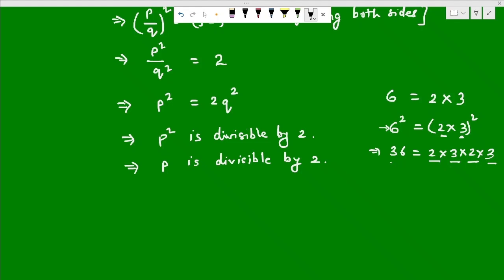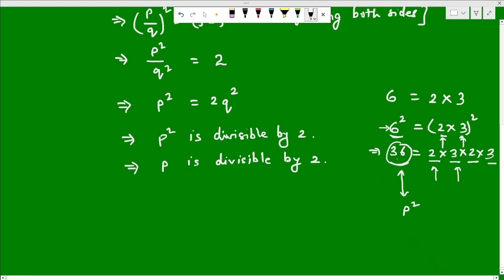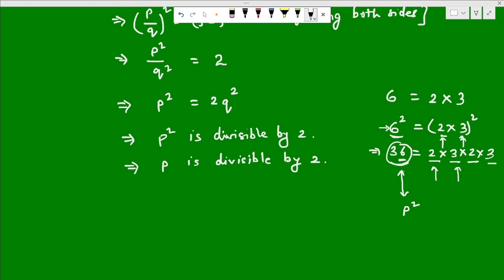You can see here that 36 is divided by 2 or by 3, and 6 is also divided by the same factors 2 and 3. So simply take this 36 as p square, as 36 is a square number, the square of 6.